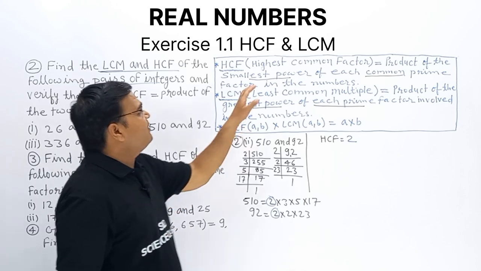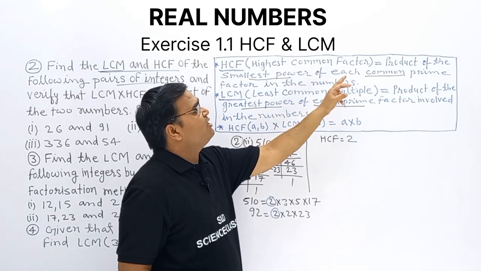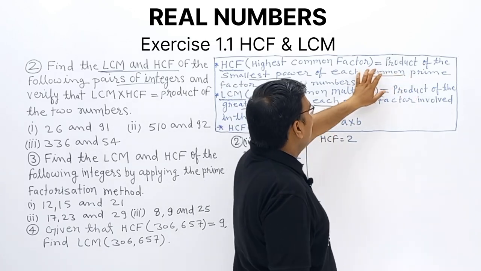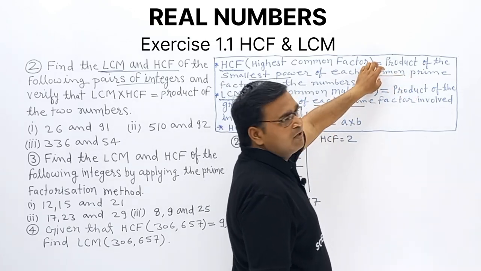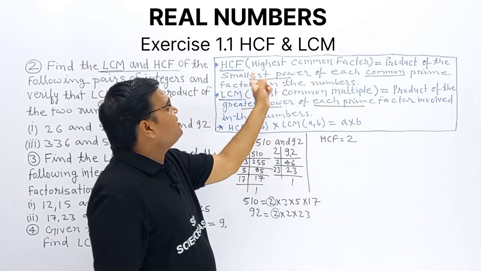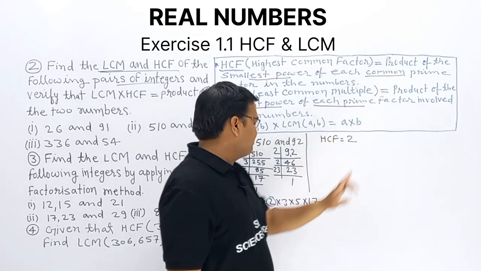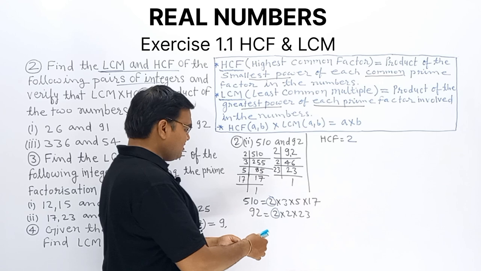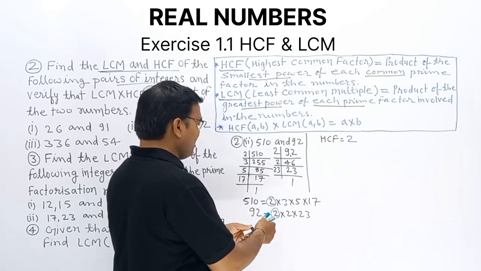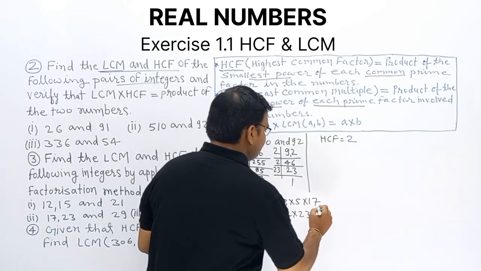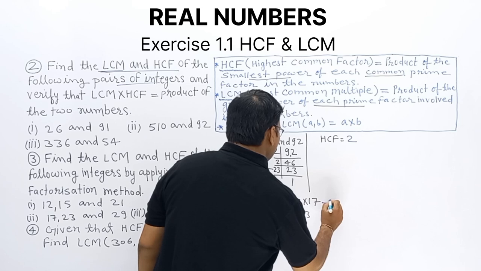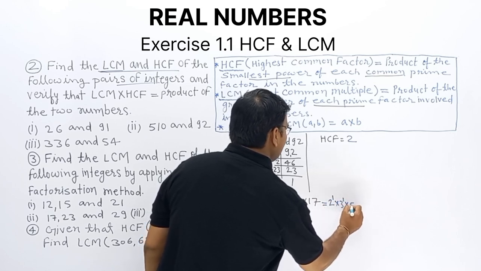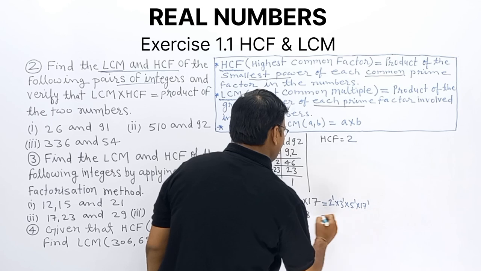And the highest common factor is the smallest power of each common prime factor. जो भी हमारे फैक्टर्स आए हैं उनमें जो कॉमन है, स्मॉलेस्ट पावर ऑफ ईच कॉमन. If we write this in terms of power, then how will we write? Understand this one: 2 power 1 into 3 power 1 into 5 power 1 into 17 power 1.